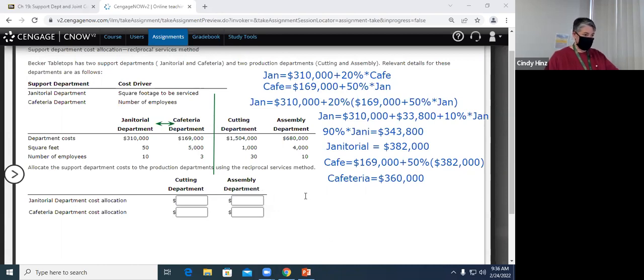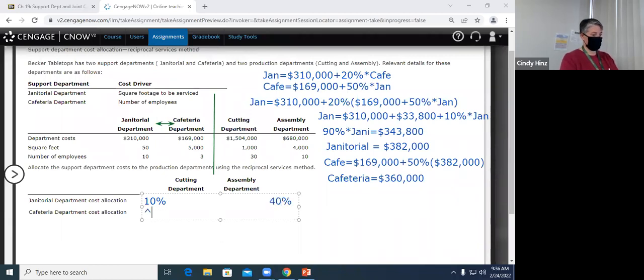Oh, maybe I better put this calculation on the screen. The cutting department is 1,000 of the 10,000 total square feet. So that's 10%. And the assembly department is 4,000 of the total 10,000. So that's 40%.